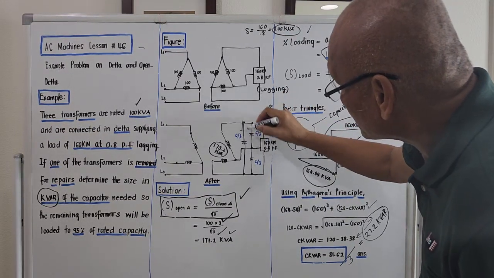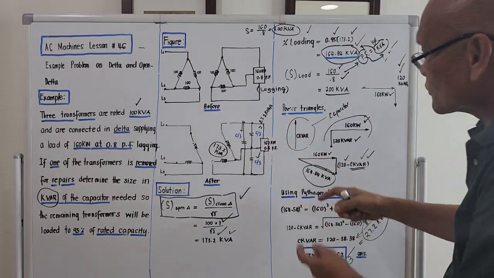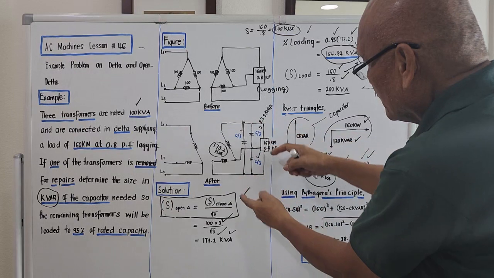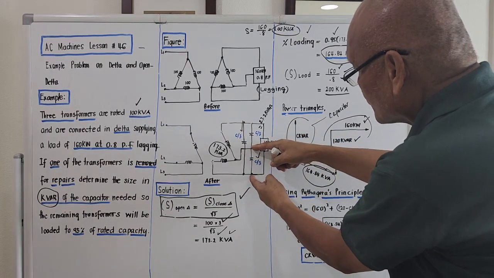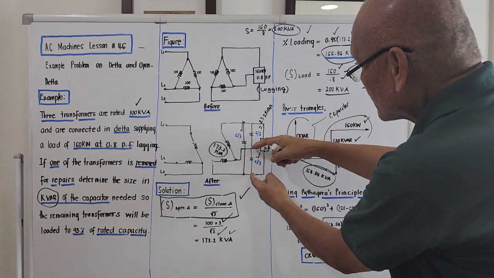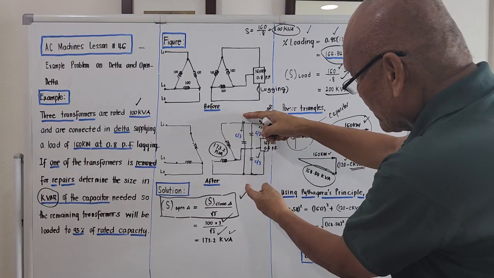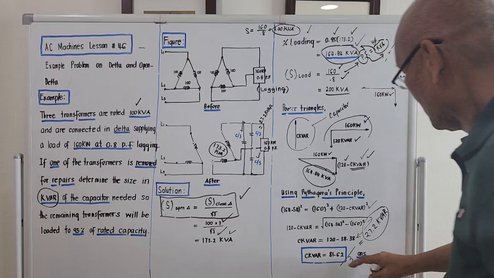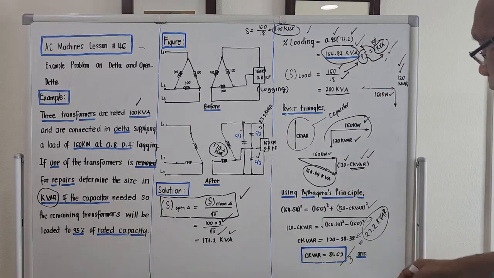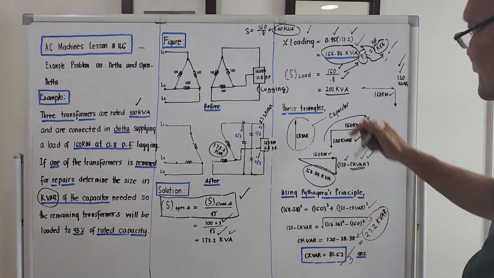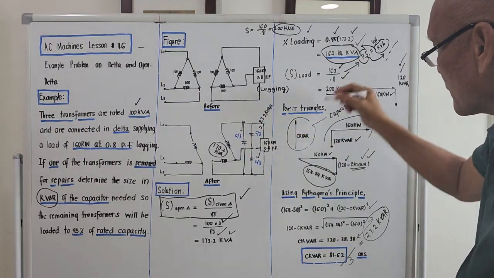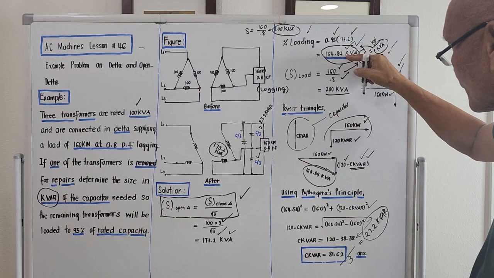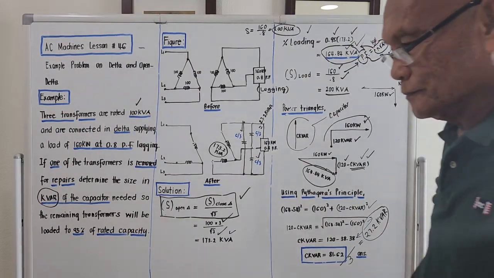And so with this one and this one. Across line 1 and line 2, it's 27.2 kilobar of a capacitor. Across line number 2 and number 3, it should be 27.2 kilobar also. And line number 1 and number 3 should also be 27.2 kilobar. The total is 81.62 kilobar, such that the open delta transformer will only be loaded to 164.84 kVA.